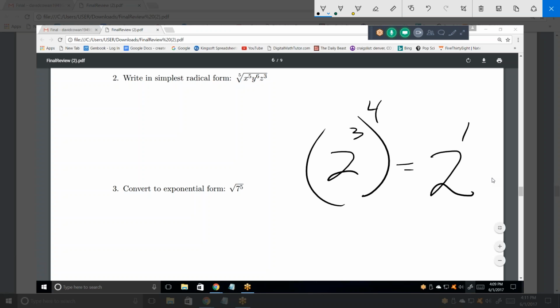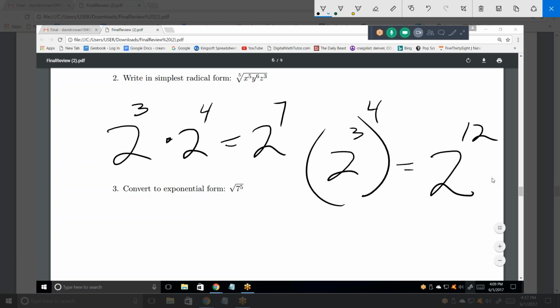You don't add the exponents, you multiply them. If I had 2 cubed times 2 to the 4th, now I add the exponents. So those are the rules of exponents.